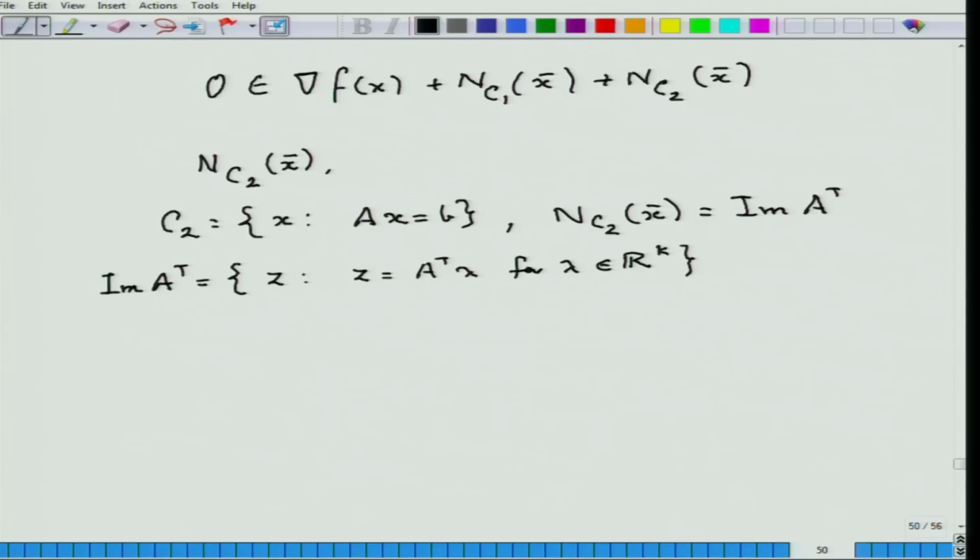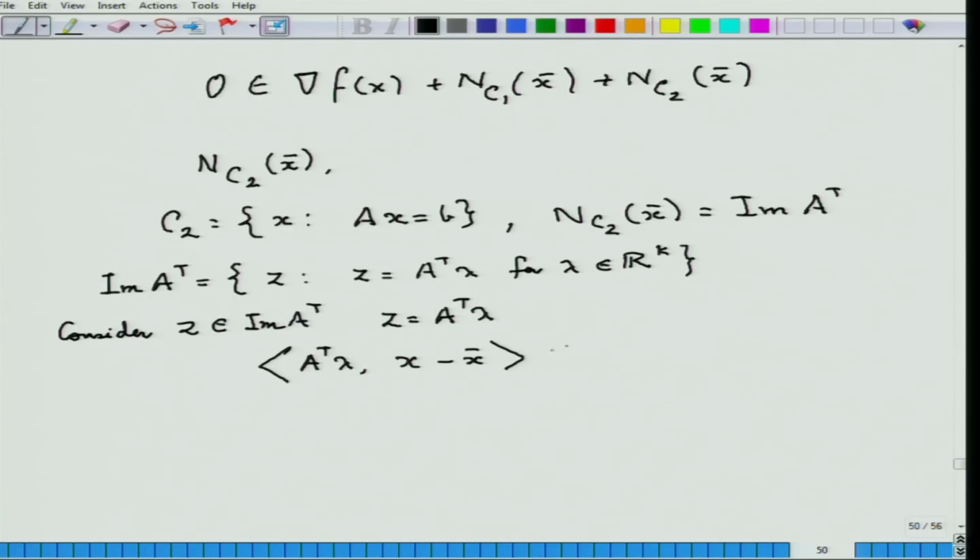So, first let me take a z, consider z an element of the image of A transpose. Then z is equal to A transpose lambda. So, let me compute this quantity. If this is my v, this must be in the normal cone, let me see whether it is in the normal cone. Then take any x in C and take the x bar. Compute this. This must be less than or equal to 0 if this has to be in the normal cone.